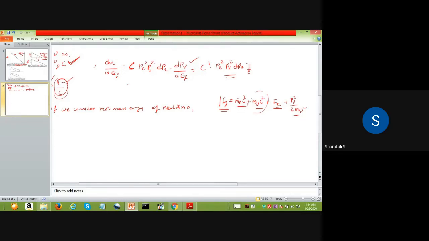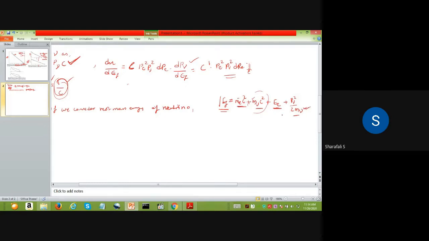When you consider the rest mass energy, you have to turn that into the p squared by 2m form. So instead of p squared pc, I wrote p squared by 2M_nu, because we are considering mass here.